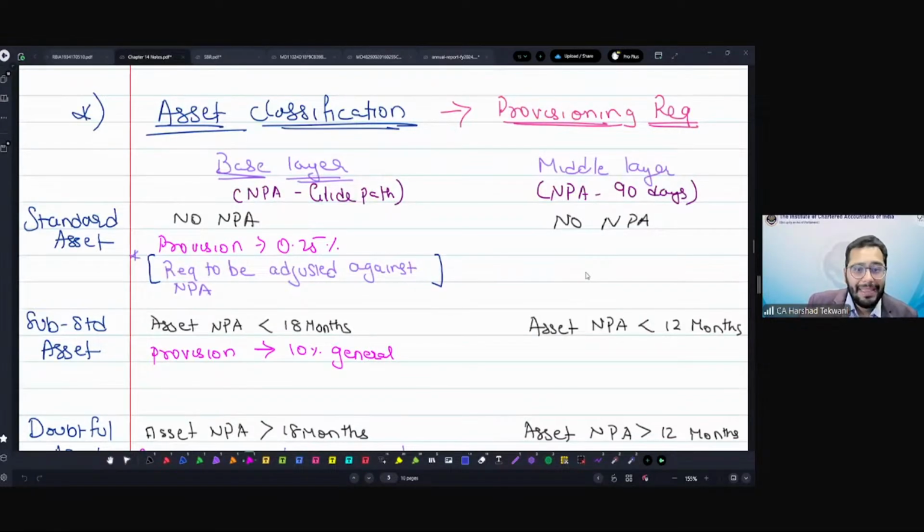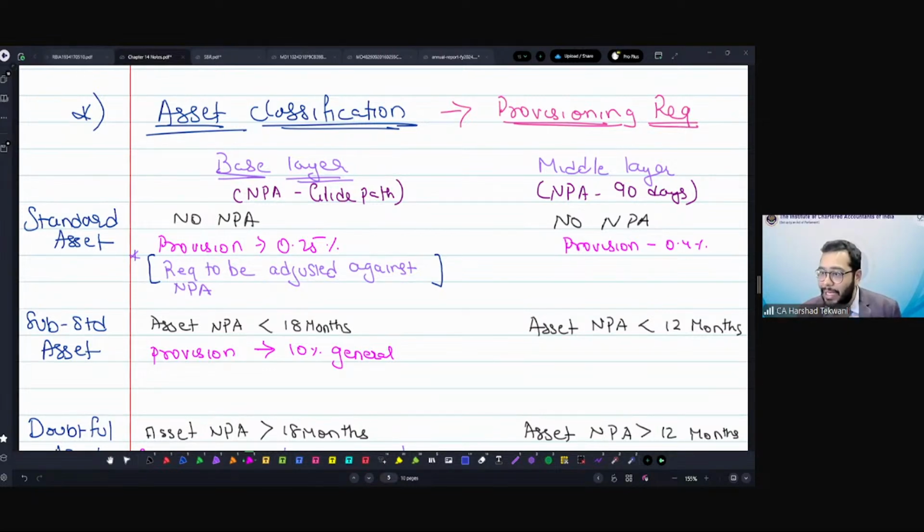For a standard asset, when it comes to the provisioning requirements for the middle layer, it is 0.4%. Now what about the other categories?